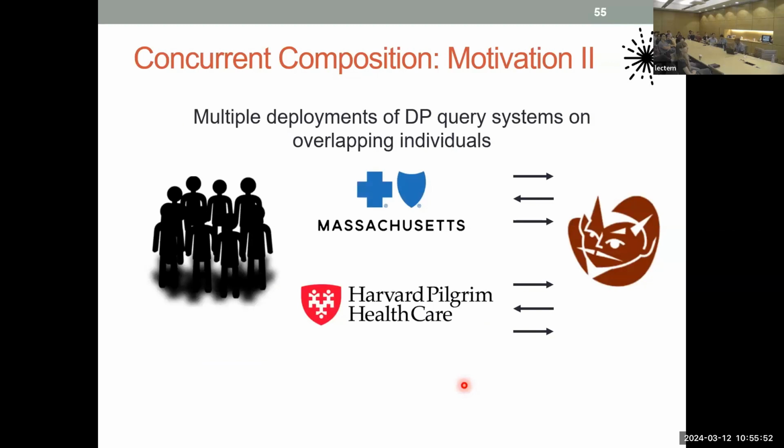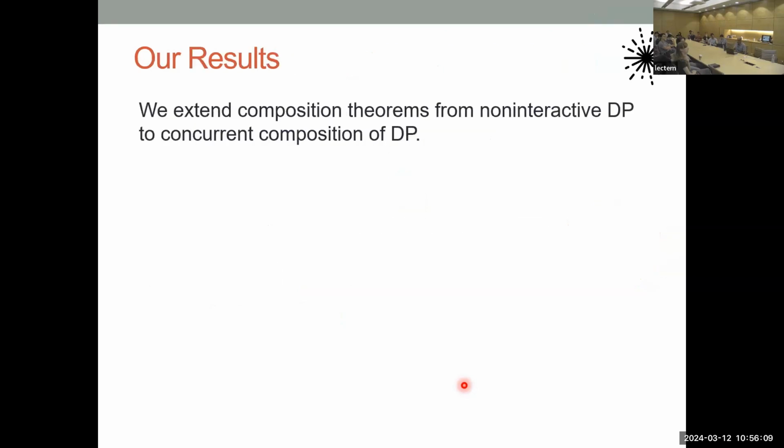It's also relevant in practice: if we are present in a number of data sets and people are setting up DP access to these data sets independently, there's no reason an attacker out there might not concurrently interact with these to try to learn something about us.